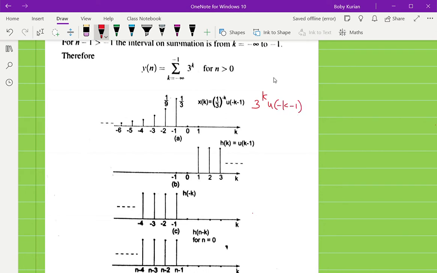As per the definition of convolution sum, we have x of k, that is why we put 3 raised to k, changing n to k. x of k, h of n minus k plus n. So the first signal is ranging from minus infinity to minus 1, exponentially decaying. Second signal u of k minus 1 shifted, that is h of k. When h of minus k comes, it goes in the negative direction, so minus 1 to minus infinity, okay.